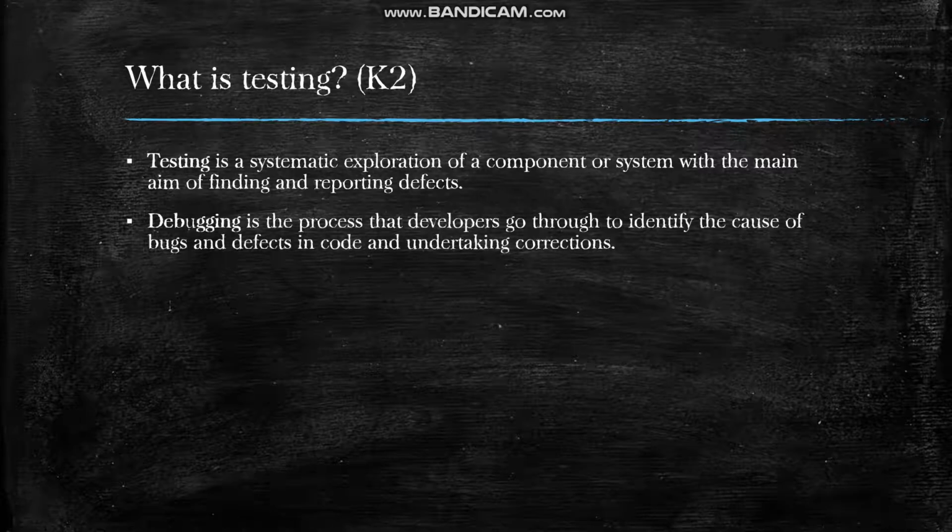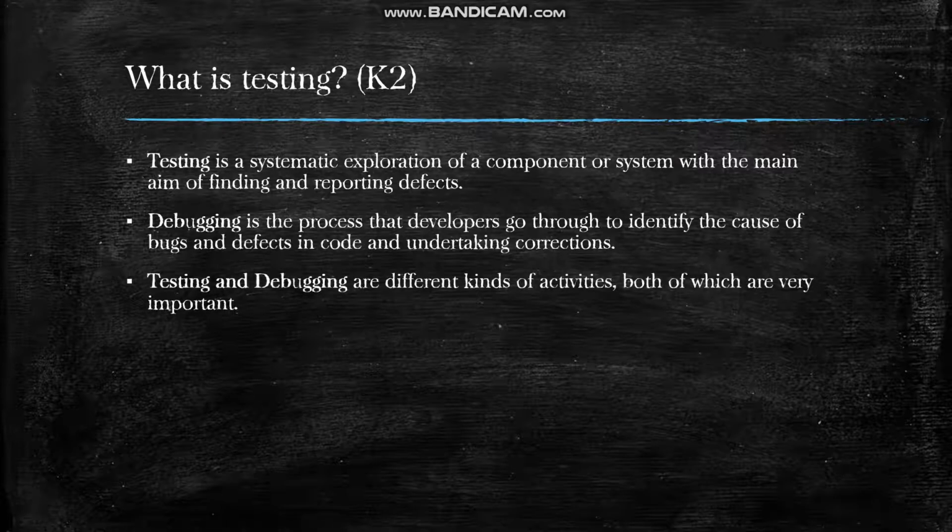There's something called debugging, and if you're familiar with this, it makes it a lot easier for you. But if you're not familiar with it, debugging is a process that developers go through to identify the cause of bugs and defects in code and undertake corrections. Debugging is different from testing, and it is very important that you are able to tell them apart.